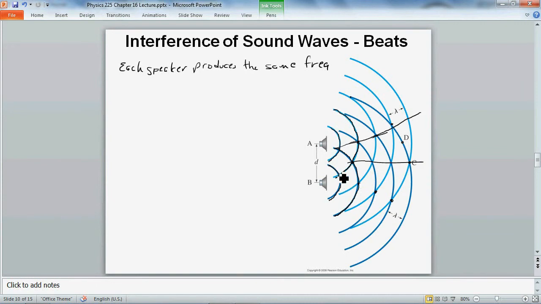I just can't draw straight with this pen, sorry about that. But these points are drawn along a line for our constructive interference. Now, points in the middle that are in between the two, this would be destructive interference. And notice that these also exist on a line in between the constructive interference.